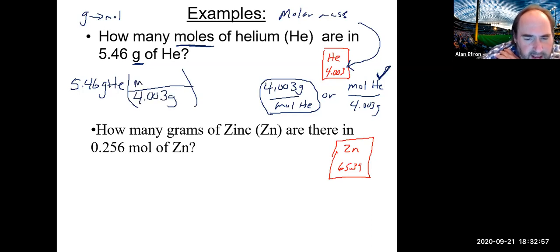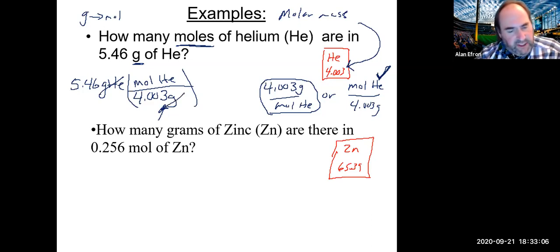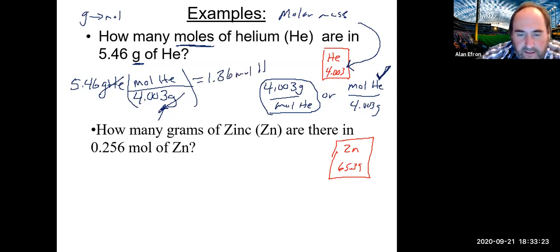And again, that comes from the periodic table right here. Grams are going to cancel out. And I think as I saw in the chat box there, the answer is 5.46 divided by 4.003 by punching in right. And we will get 1.36 moles of helium as our answer.